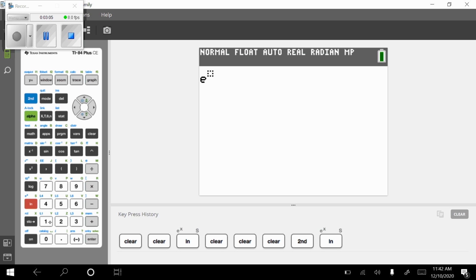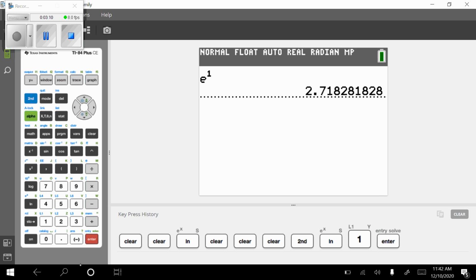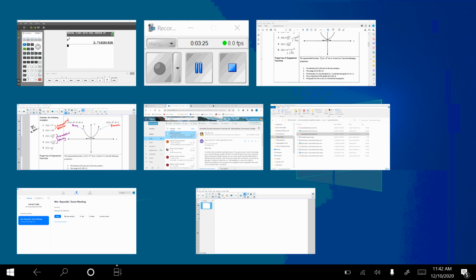But we're just going to look here at e to the first power, so you can see the actual value of e is 2.718281828, and that keeps going. That's rounded off by the calculator itself. So you can see that that value is greater than 1.